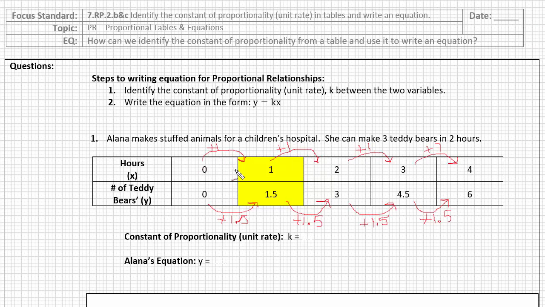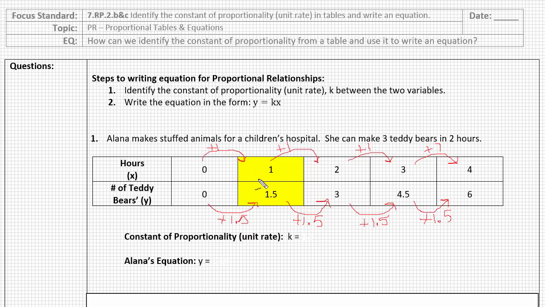So here are 2 ways of finding the unit rate. Because we know that at 1 hour it's 1.5, and this starts as 0, 0, and continues at a constant pattern where the hours are increasing by 1, and the number of teddy bears is increasing by 1.5, we have 2 different ways. It's 1.5 teddy bears every hour.